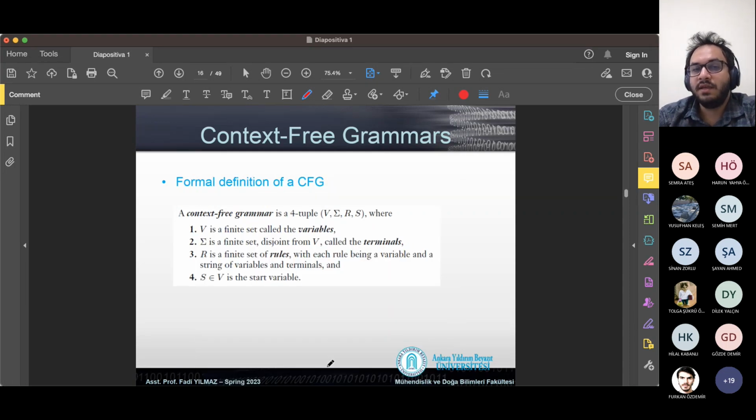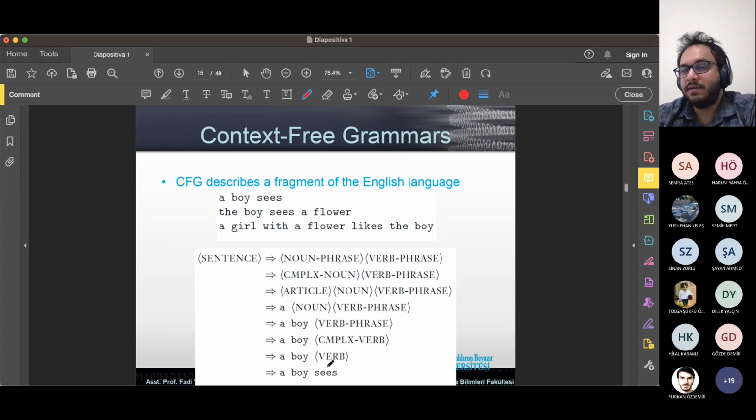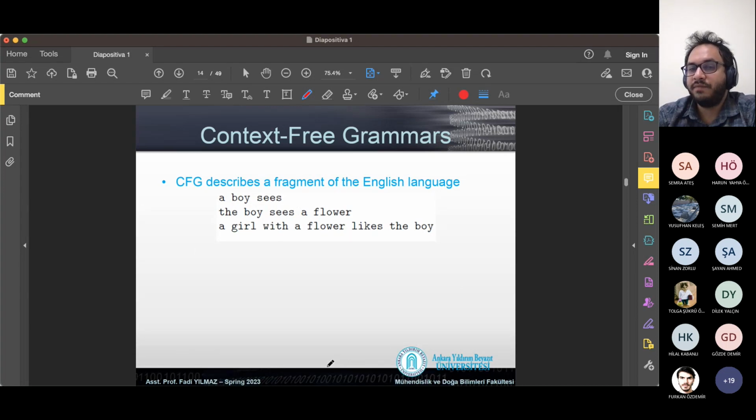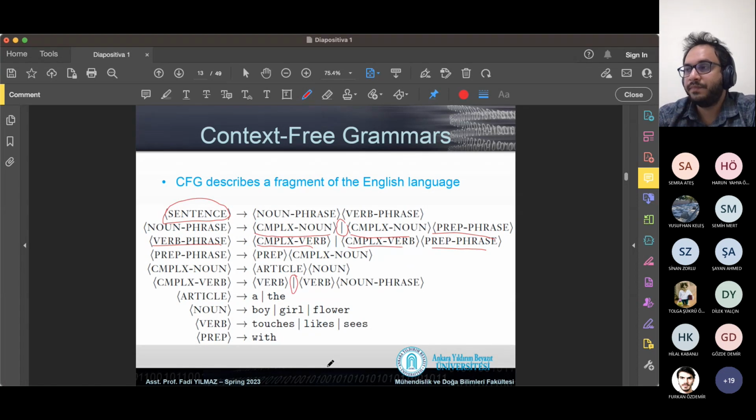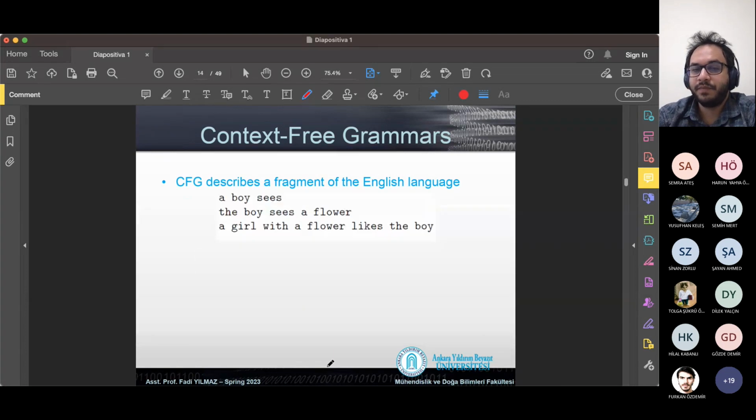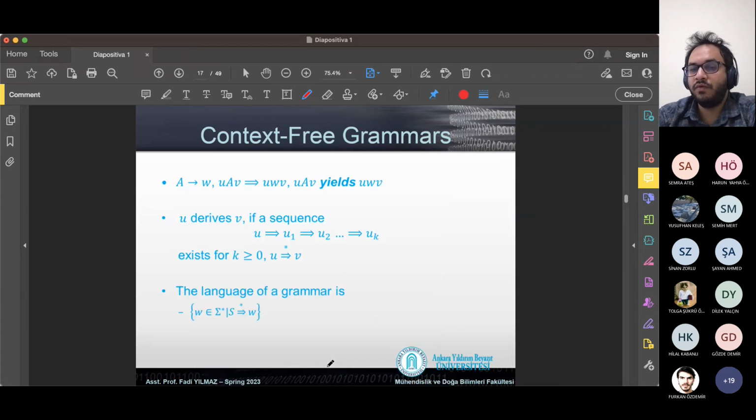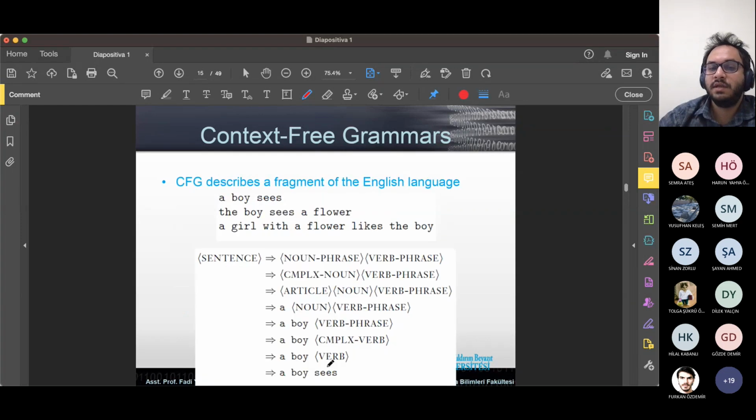I think we can also say that by using these context-free grammars, we can actually represent the Java language, right? Or any kind of programming language that we have. And the answer is yes, we can do that. Context-free languages are actually used in programming languages. When we use a parser, I think you heard the word, you know what a parser is, right?